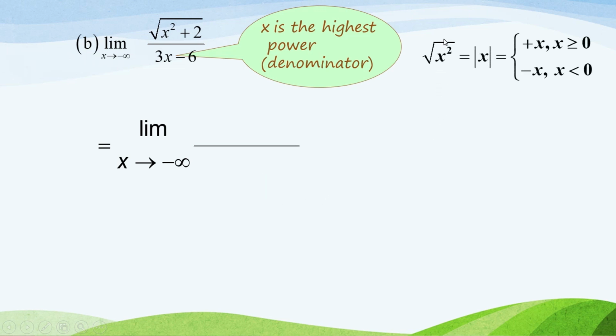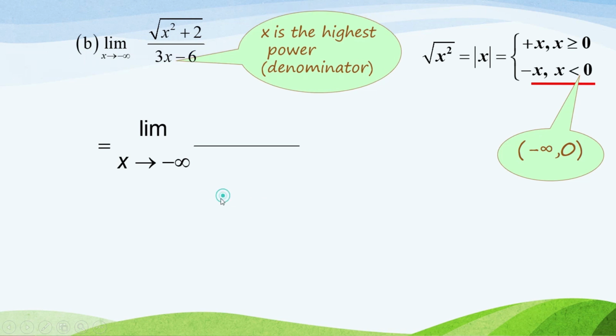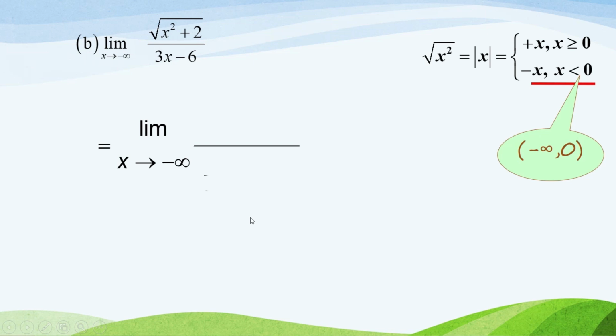The square root of x squared equals modulus x, which equals plus x or minus x. When x approaches negative infinity, the function is negative x, so we must divide the denominator terms: 3x divided by negative x and negative 6 divided by negative x.